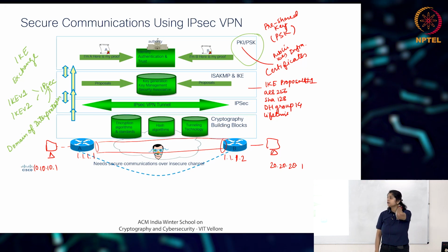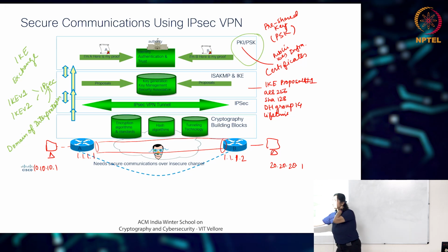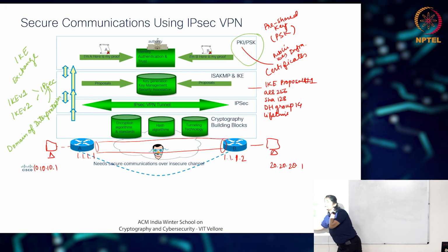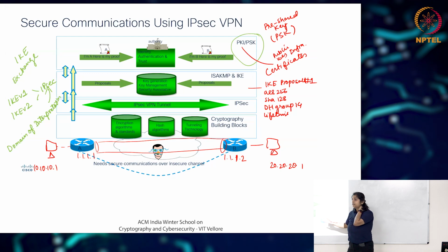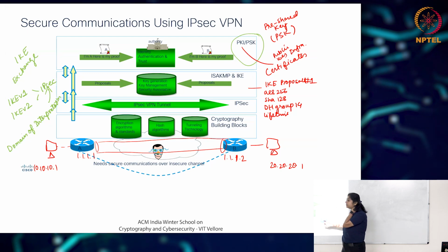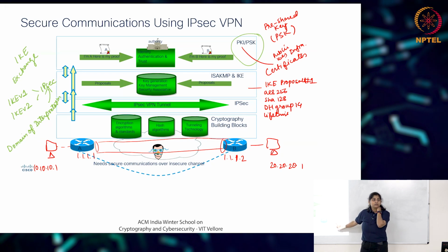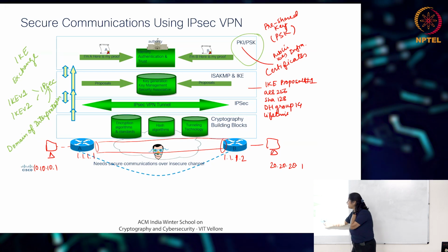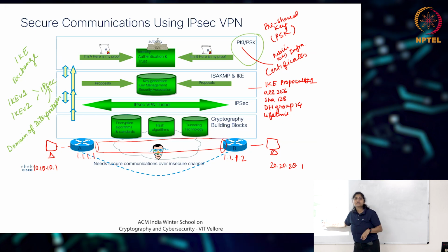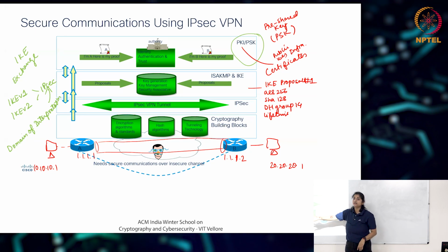Yes, for the actual data. So these exchanges, remember, are happening here. This is to establish the identity of this device, not this one. To verify this device and to have secure communication between these devices.